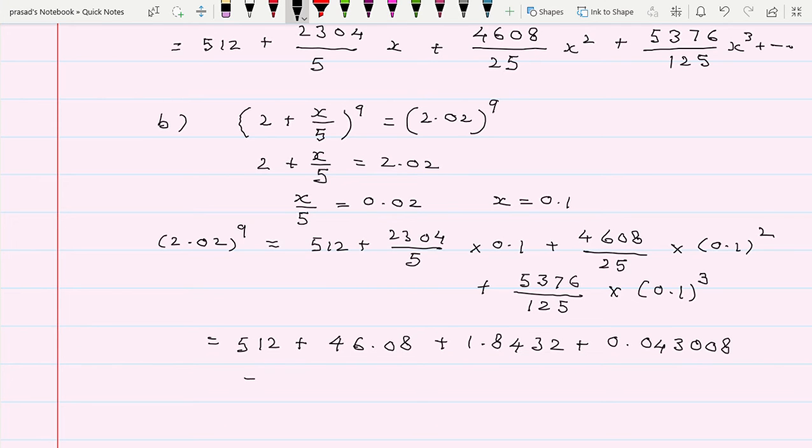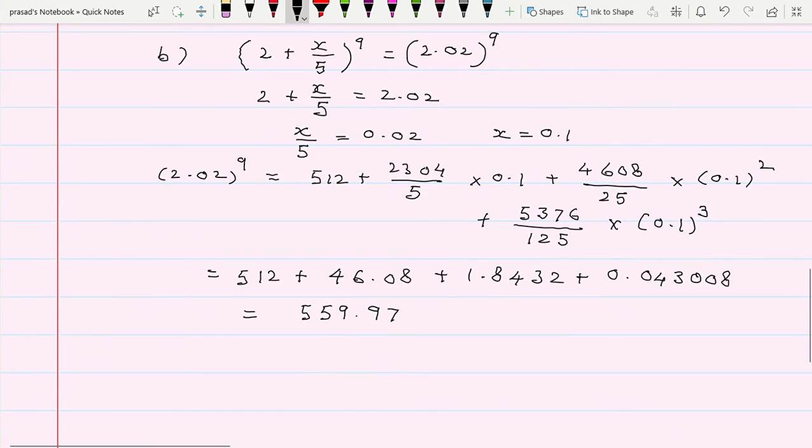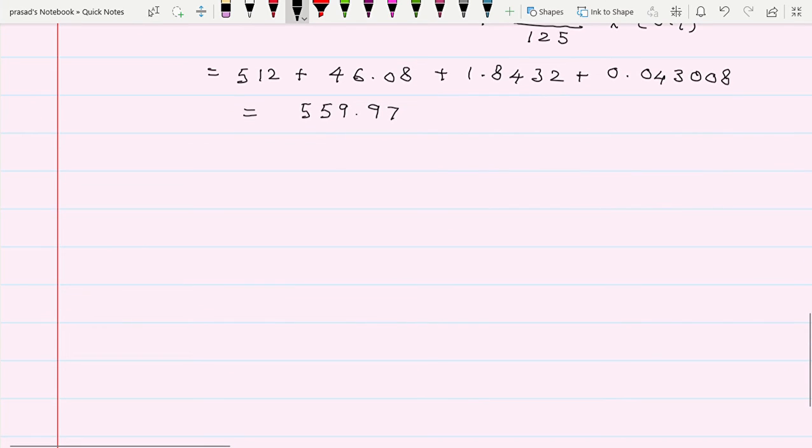And if you add this to 2 decimal places, I can write 559.97. So this is the estimated value from my expansion of 2.02 to power 9. Are the steps okay with you?